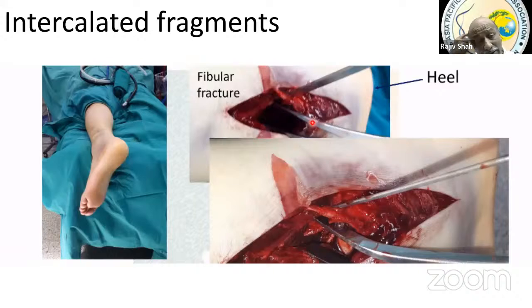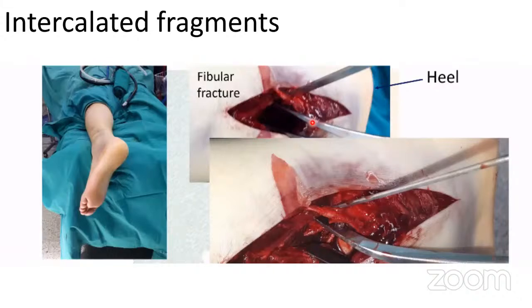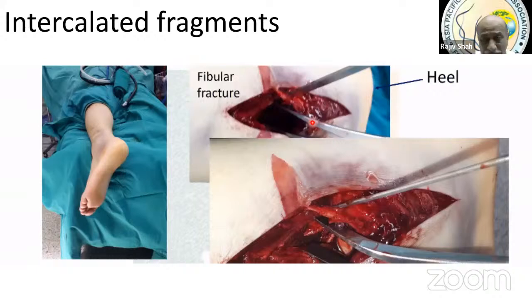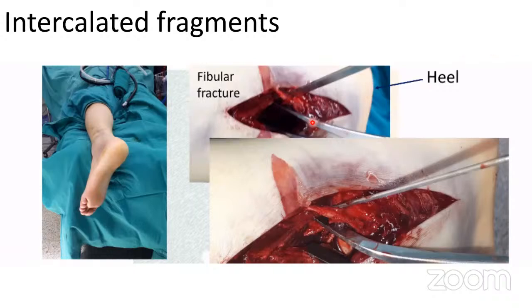When you have an intercalated fragment on the posteromedial side, you should do posteromedial first, then posterolateral. But when you have an intercalated fragment in both, then again posteromedial, fibula, posterolateral. So you can do it in a prone position. There is no problem. Whenever you go through the fibula, it is through the same posterolateral approach, not a different approach for the fibula.